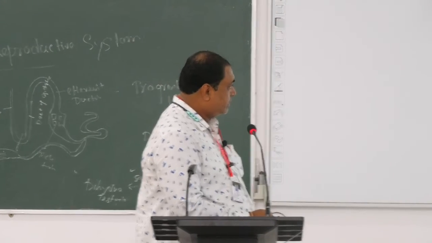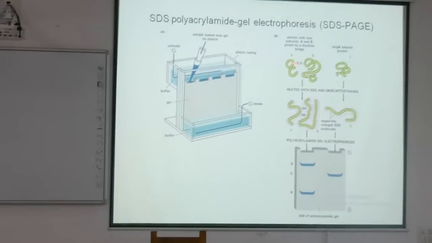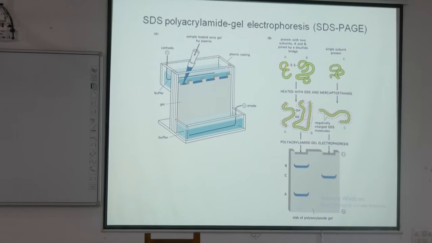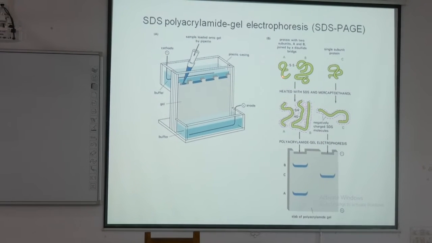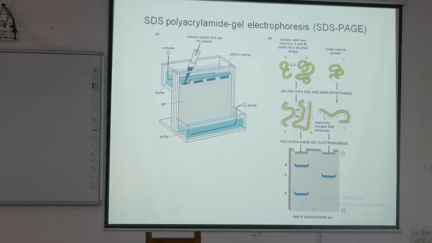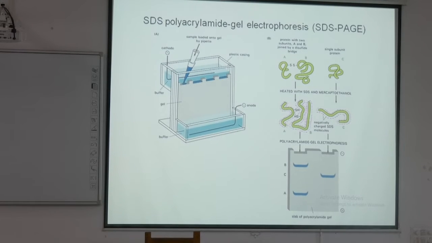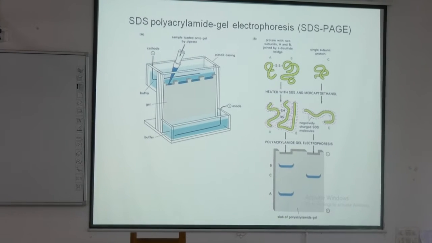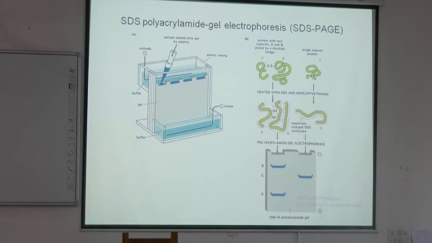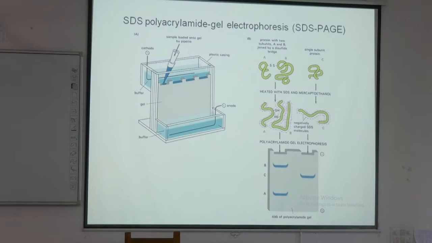Next, so these are the proteins. See, they have two polypeptide chains joined by disulfide linkage. So it should be heated or some chemical can be used. It can be 8 molar urea or mercaptoethanol. Both reagents are used for denaturation of proteins.